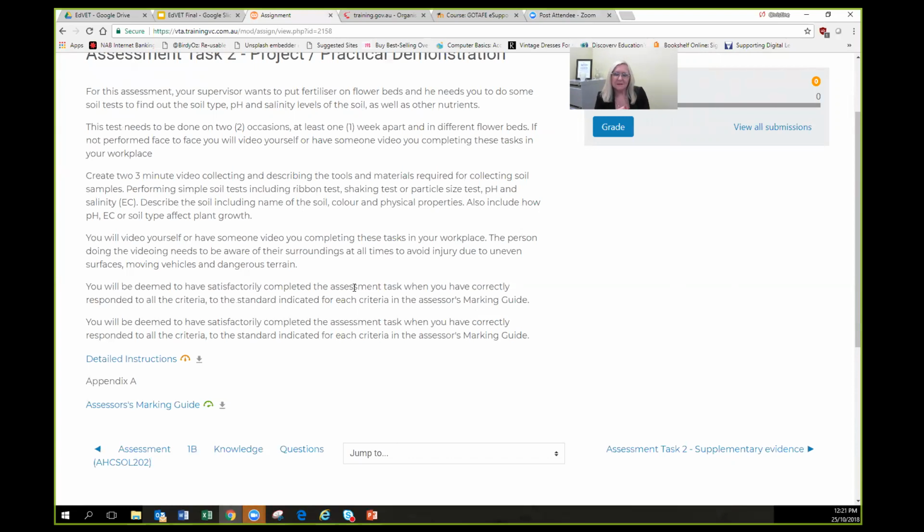But in this instance, they have to do it on 2 occasions at least 1 week apart. That can be quite difficult for an assessor if they've got to travel 4 hours or 3 hours or even an hour to a trainee who might be the only one in that location, and it can be quite expensive. So in this one, we've given the option to have video.